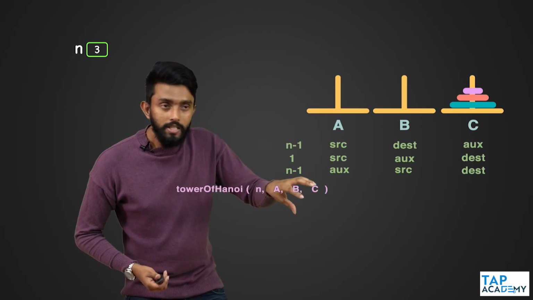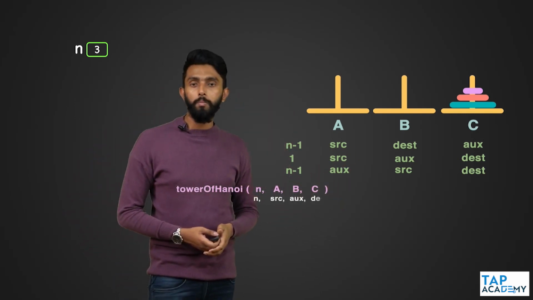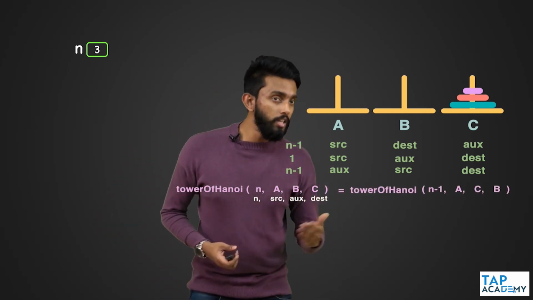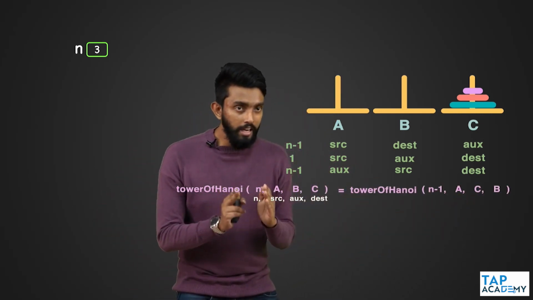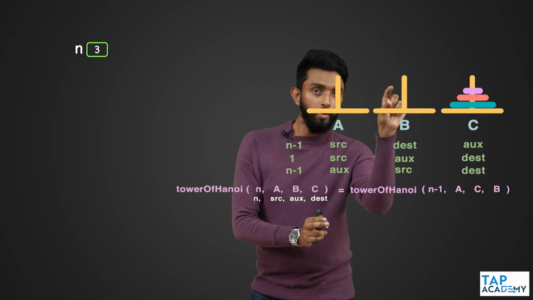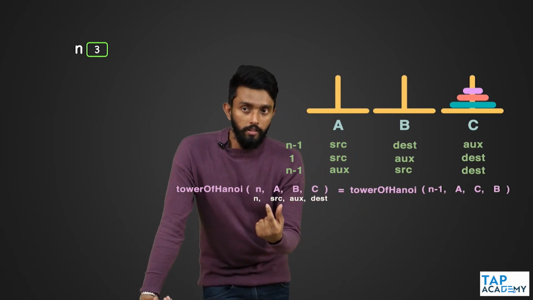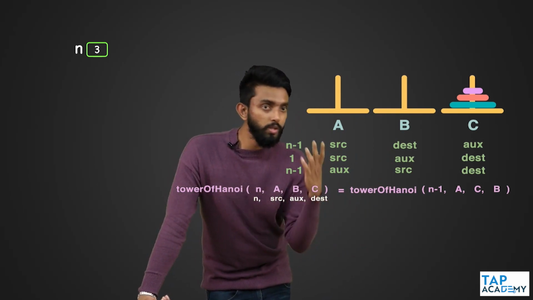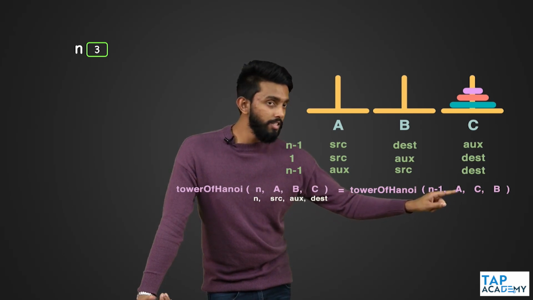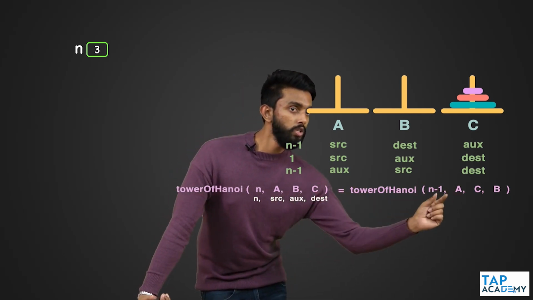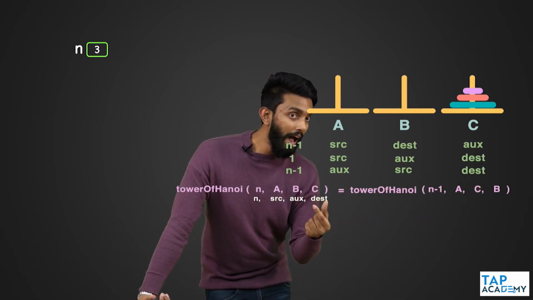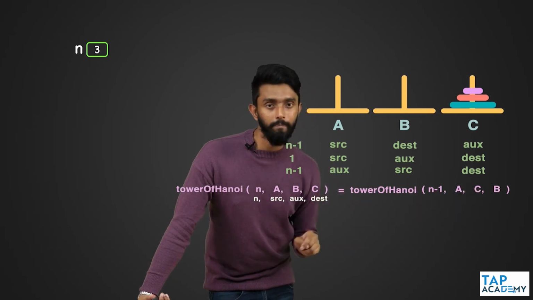However, to solve this, I can break it down into 3 sub-problems. See, that's what I am also showing. What are the 3 sub-problems? First problem is, n minus 1 disks, you please move to B. So see, this was source, this was auxiliary, this was destination, isn't it? Here A is the source, so initially source is right here. Next one, destination became B. So see, at the place of destination, B came.